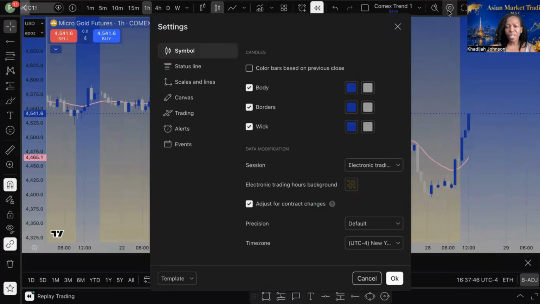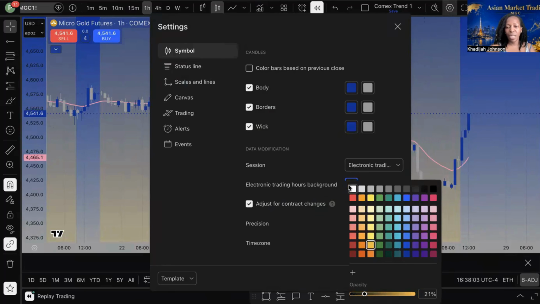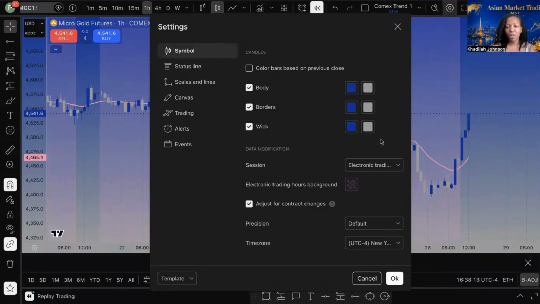If you want that to show on your chart, you go to symbols, go to electronic trading hours, get rid of your regular trading hours and put on the electronic trading hours so you can see your post and pre-market. Then if you want it to stand out, you can click the hours background. Mine is kind of yellow. You could do red, purple, or any calming color you want for your trading journey. And that's exactly why my chart is blue.